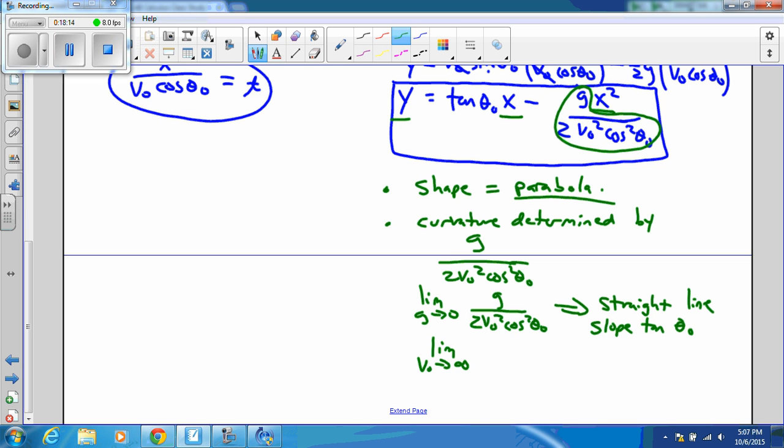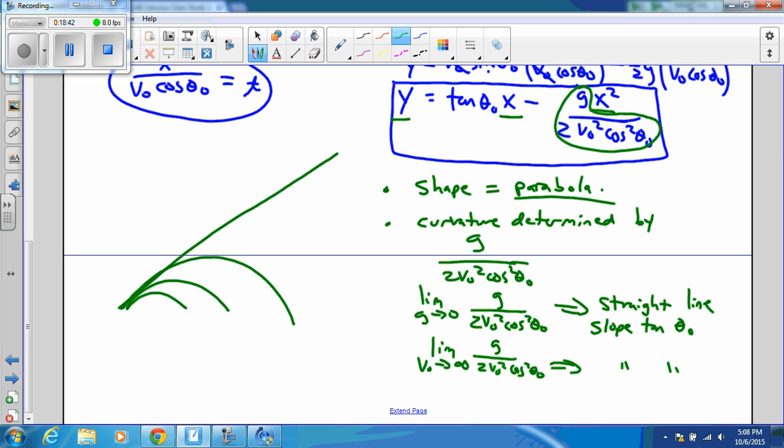Likewise, if I have a large velocity, now we know that velocity can't really be infinite, but just in our model here, if I have a large velocity, then that's going to make for a straight line slope as well. And in particular, I want you to observe how that would happen.